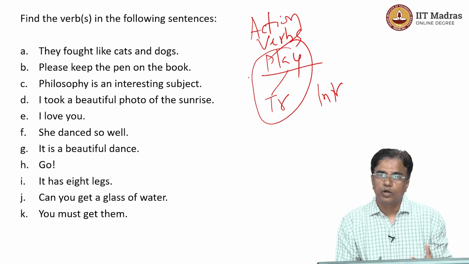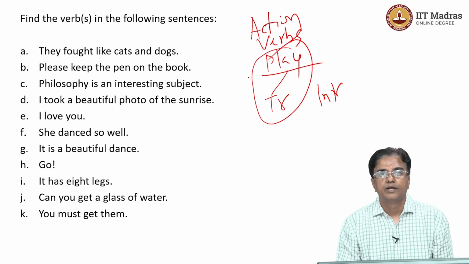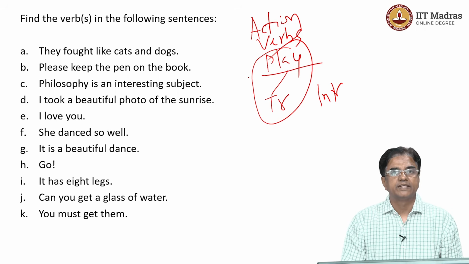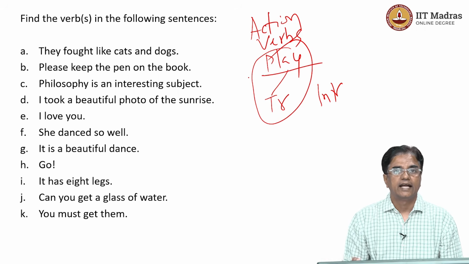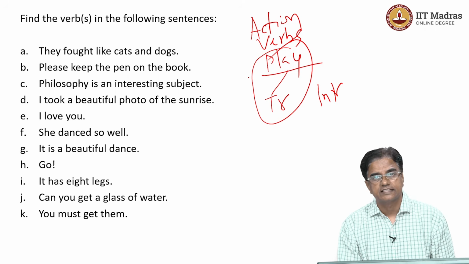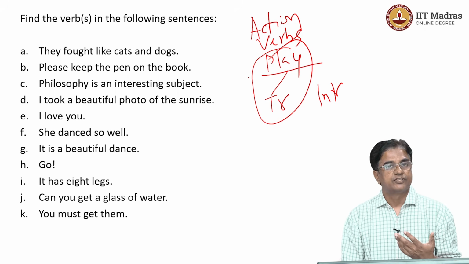So they are divided into 8 categories, what we know as parts of speech. Let's look at some examples for practice, and you can practice on your own as well with other sentences to check whether you can identify parts of speech.